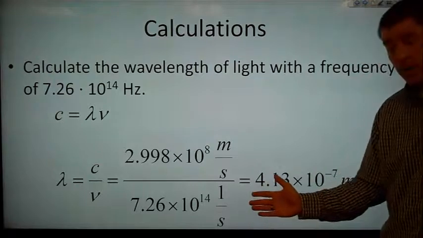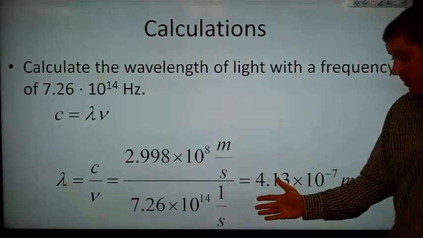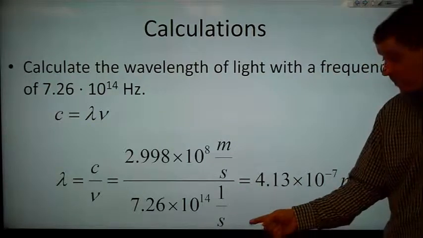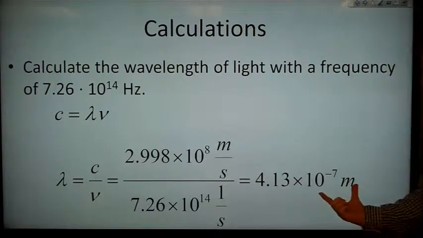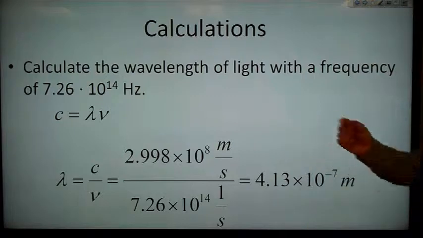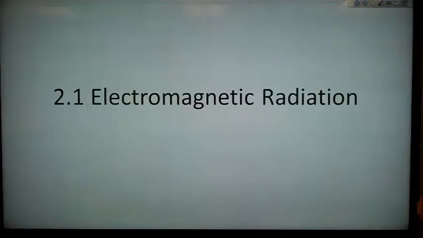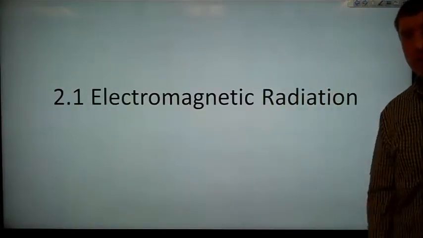We divide by our frequency, 7.26 times 10 to the 14th hertz. And here I've changed hertz into 1 over seconds. So our 1 over seconds cancel, we're left with meters. And we have 4.13 times 10 to the minus 7 meters. And that was electromagnetic radiation.